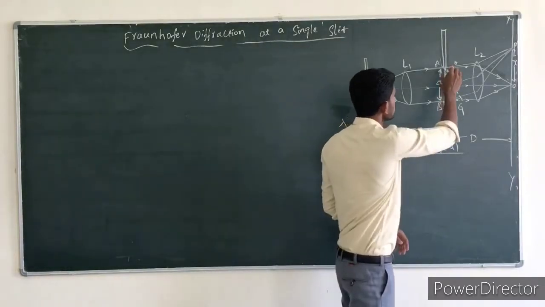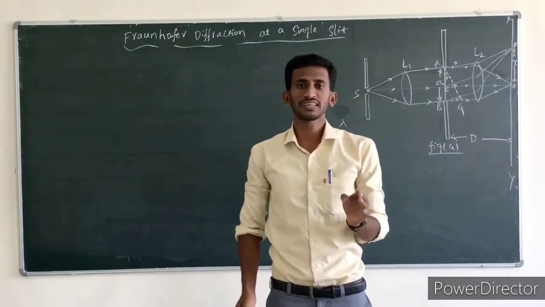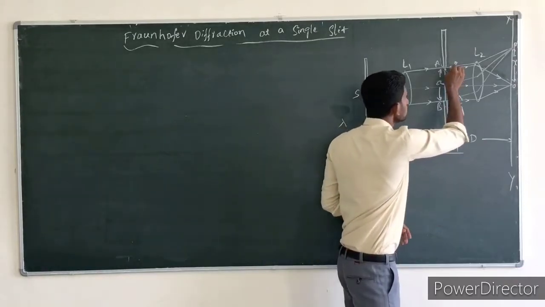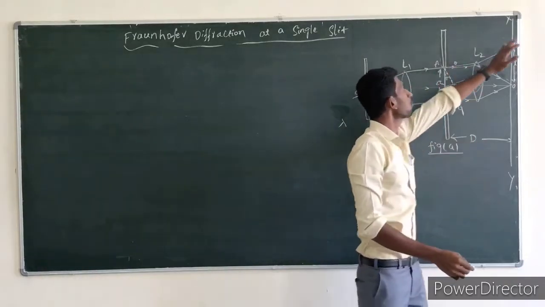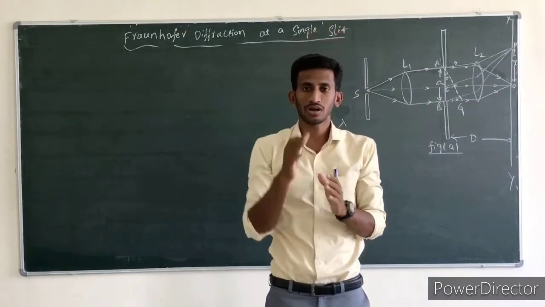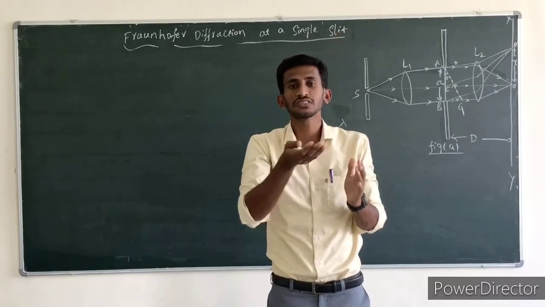Now, here again we consider the secondary wavelets. The secondary wavelet makes an angle theta to the normal to focus on the point P. It means that when the light ray reaches the point P, it makes an angle theta to this normal.